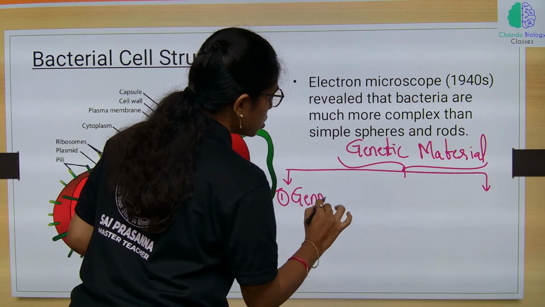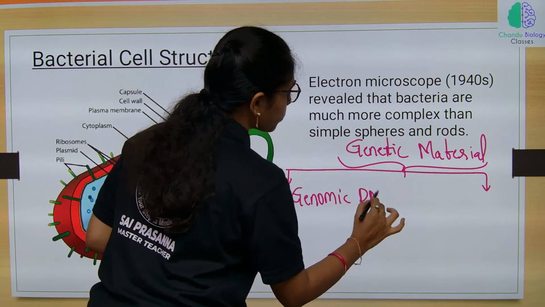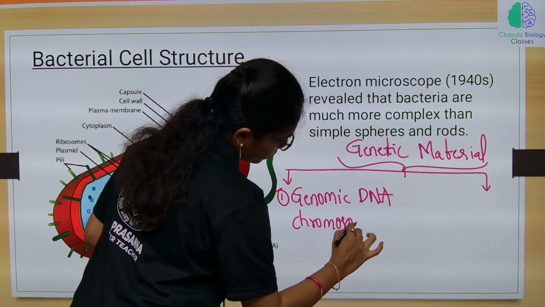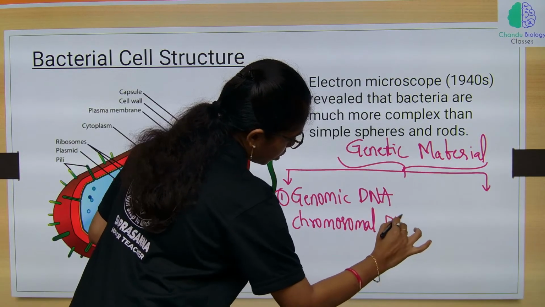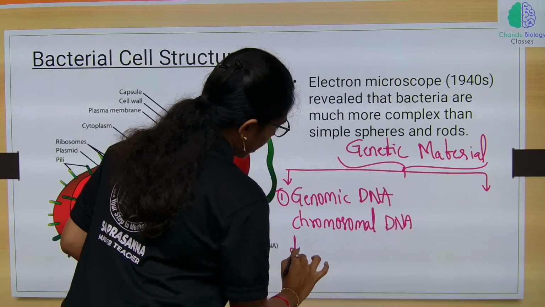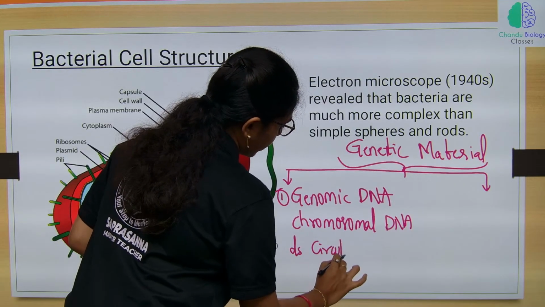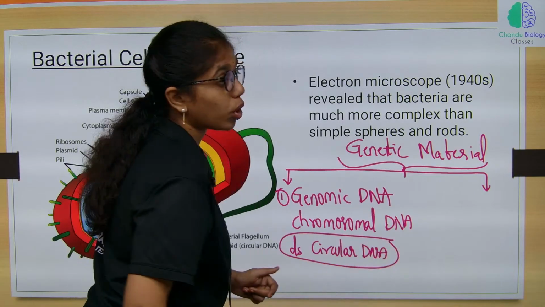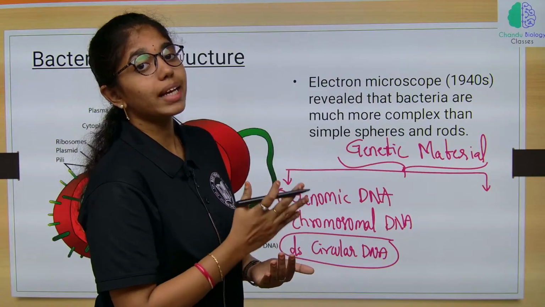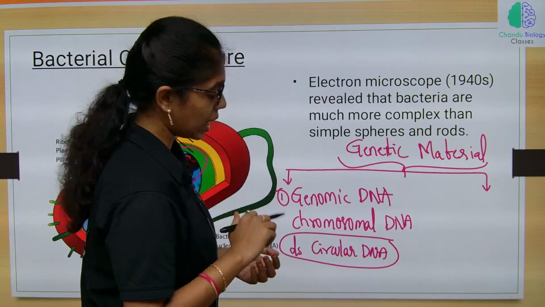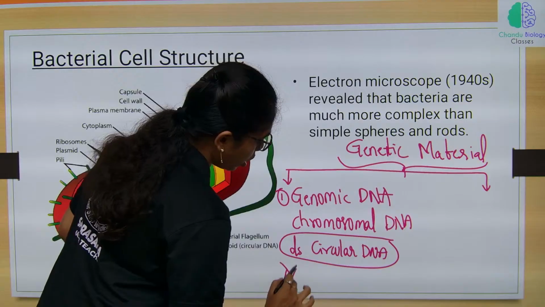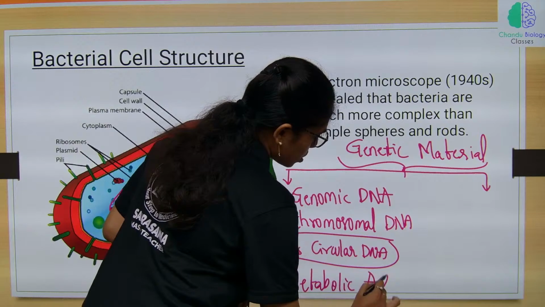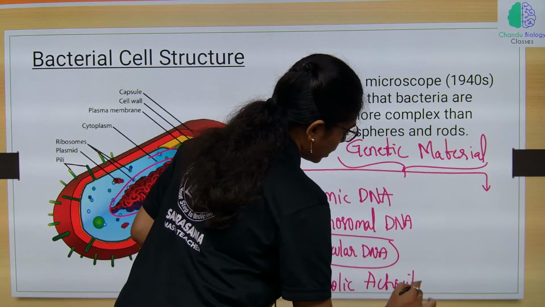Take down genomic DNA or chromosomal DNA, which is double stranded circular DNA, whose main target is to focus on the complete metabolic activities that are taking place in the cell. So, this majorly focuses on the metabolic activities which occur inside the cell.